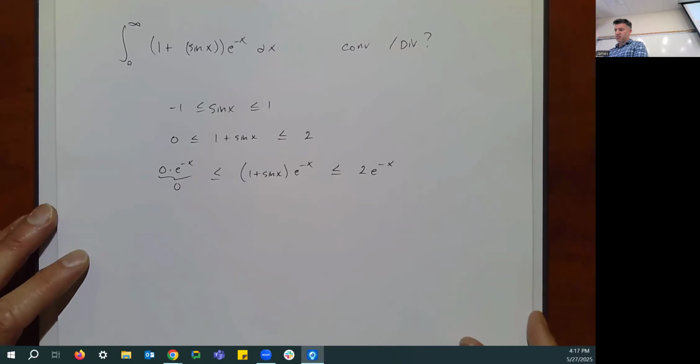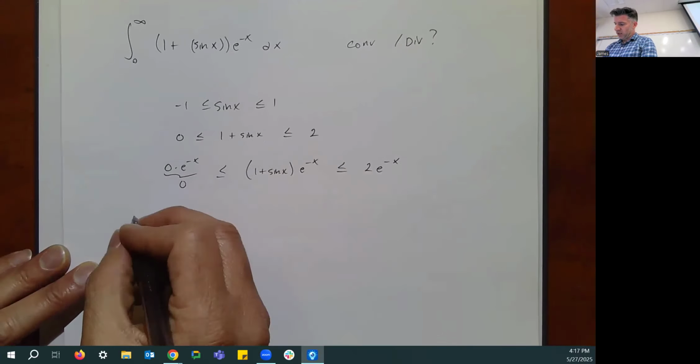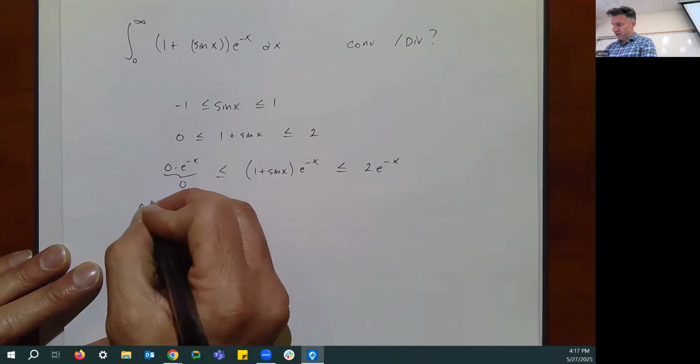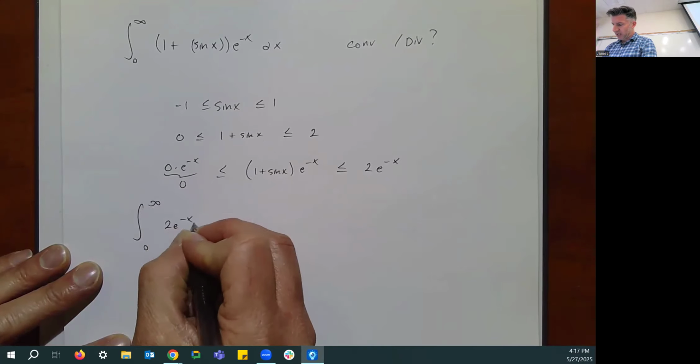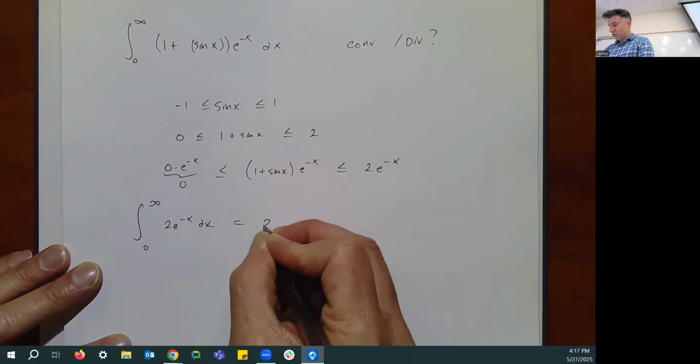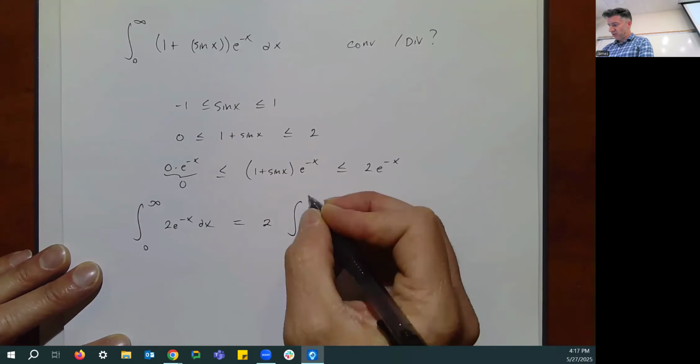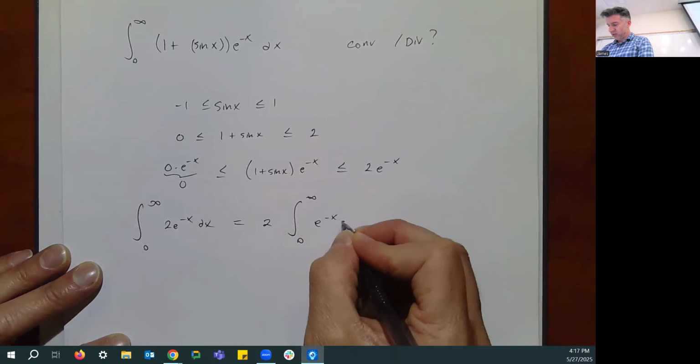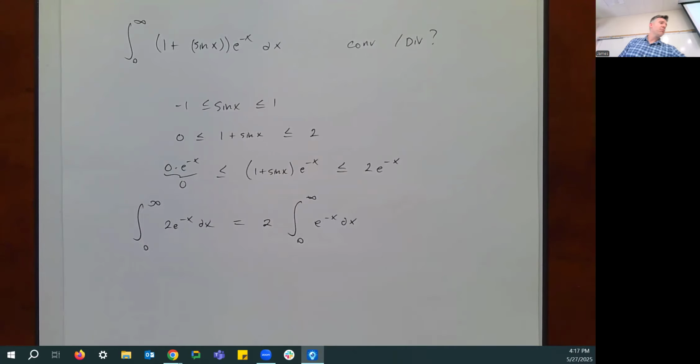So then we can say, well, certainly the integral from 0 to infinity of 2e to the negative x dx is just equal to 2 times the integral we just found, which I think was 1, right? Somewhere in my notes there. Yeah, it was 1.